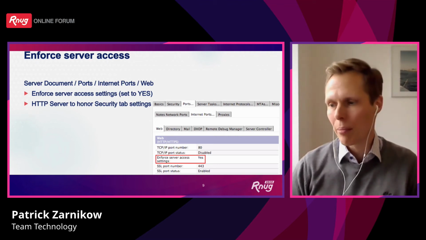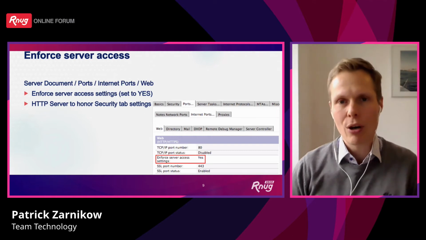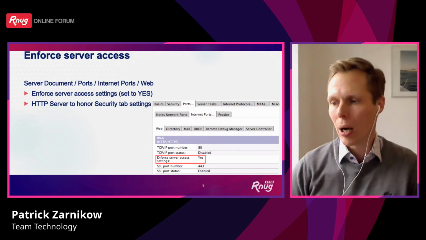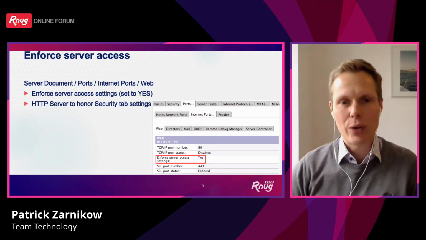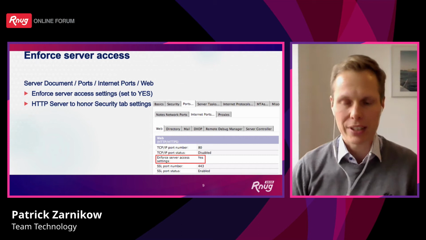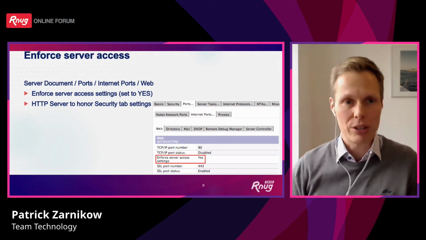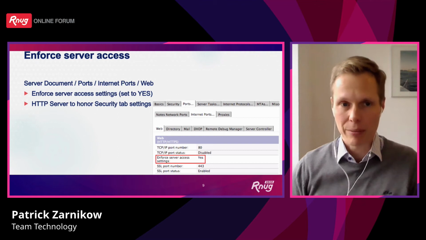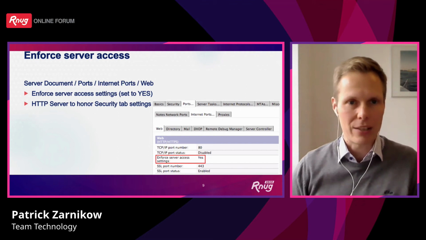So this also makes it impossible for Domino or Notes users that are set on the access deny list to access the Domino server via the HTTP server. If you still have this on no, it is still possible for the end user to access your server via HTTP. So make sure you have this set also.